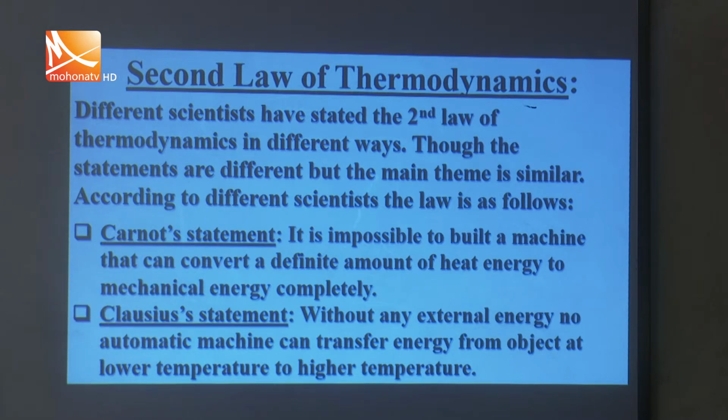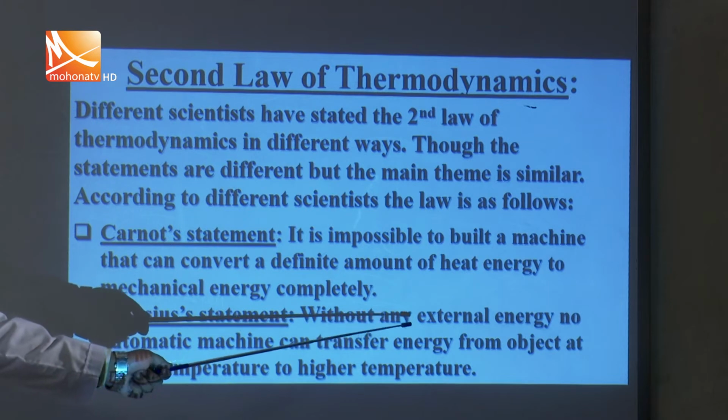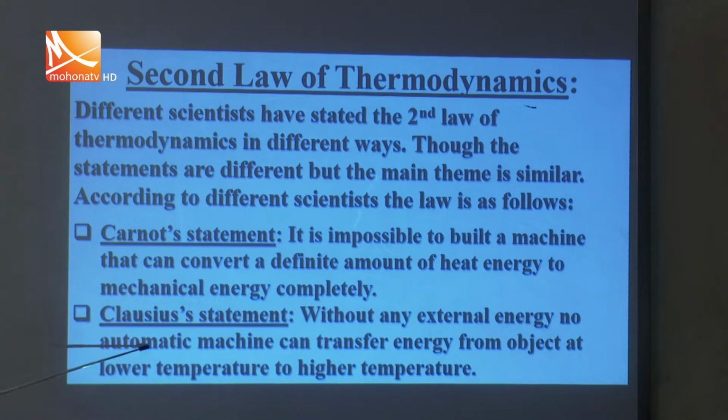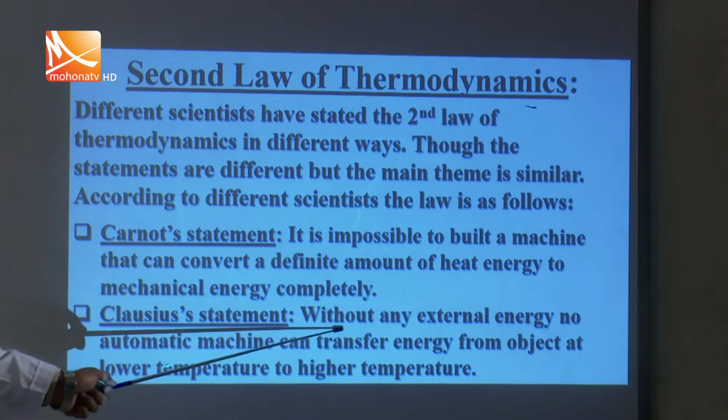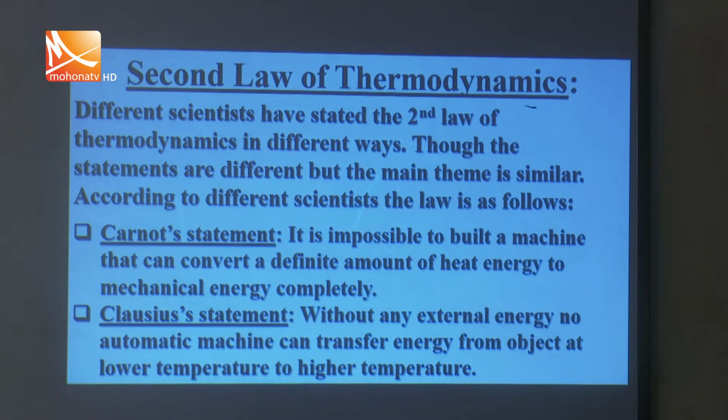Now, Clausius's statement: without any external energy, no automatic machine can transfer energy from an object at lower temperature to higher temperature. Dear students, you know that energy is transferred naturally from a high temperature body to a lower temperature one, but if we transfer energy from lower temperature to higher temperature, then a machine is needed.